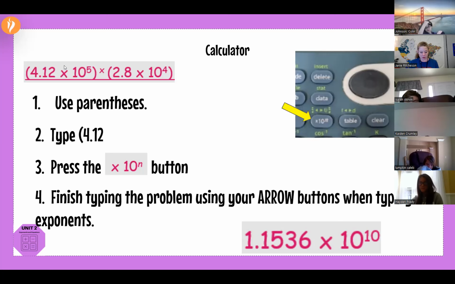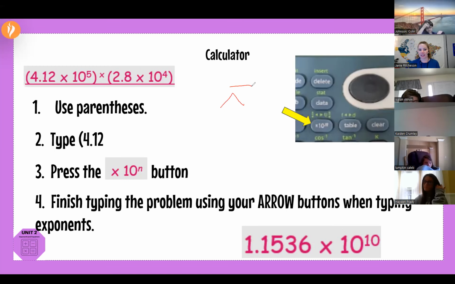Yes, ma'am. All right, so do parentheses 4.12 and then just hit the regular multiplication tab and then type 10 to the power of 5. Is that working? How do you put the power to 5? Well, our calculators have a caret button that looks like this.